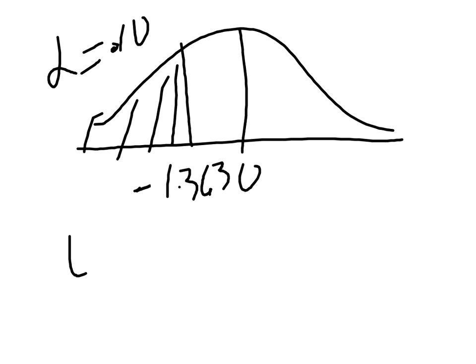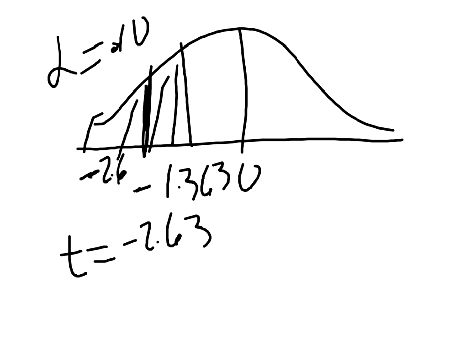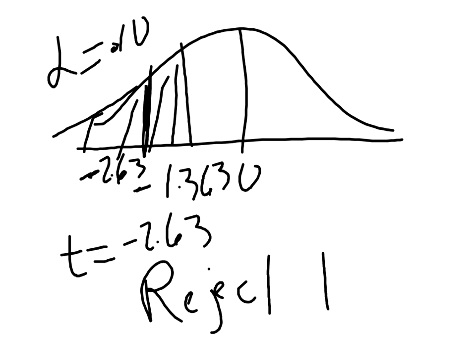And our calculated t-value was minus 2.63, which is further into that left tail than minus 1.363. Based on that information, we're going to reject the null hypothesis, and we'll take the assumption that the yoga treatment that the doctor has been giving has been effective according to this study.